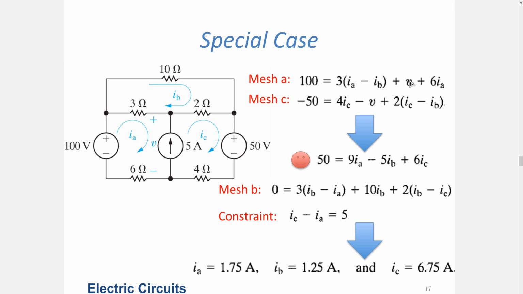If two meshes share a current source, then you can write down a big mesh equation that is composed of these loops. You remove this first, and then you can write down that KVL equation about this big loop, okay? This would give me the same thing.